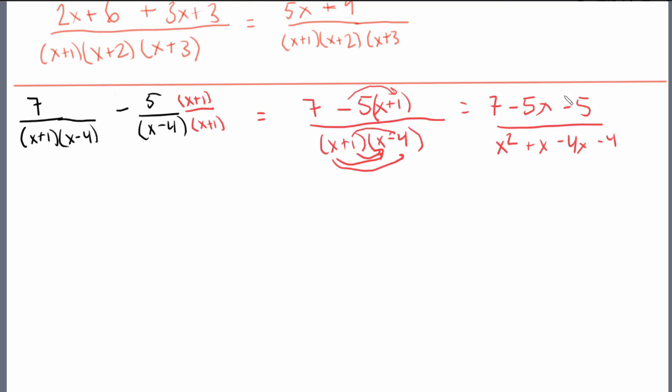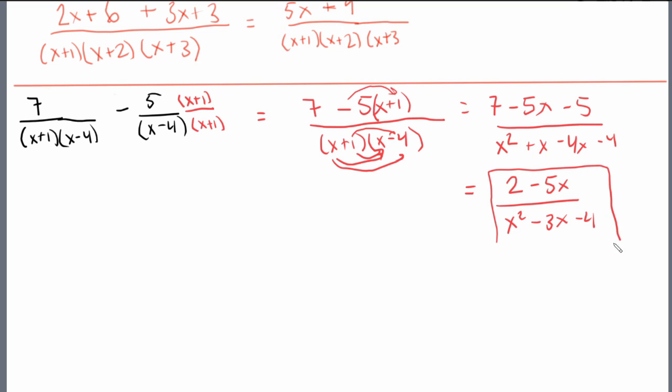Combine some like terms here. 7 minus 5, I get 2, minus 5x on top. On the bottom, x squared minus 3x minus 4.